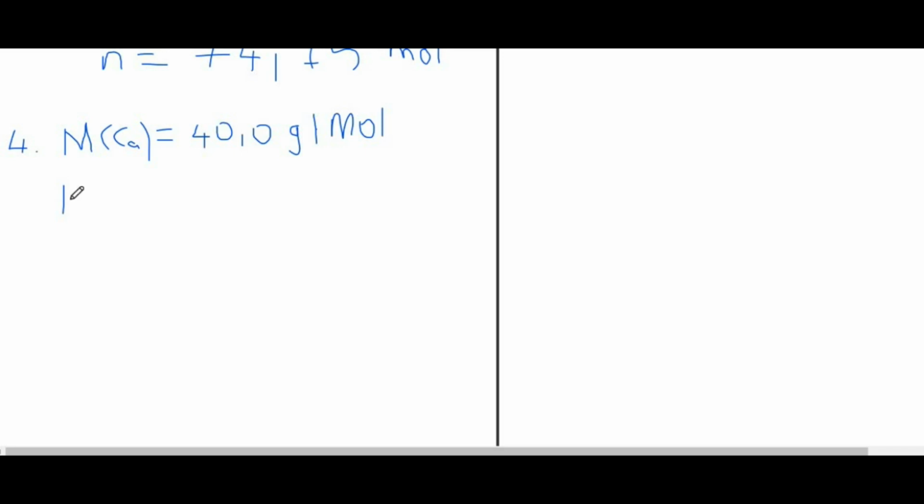Now look at the molar mass of sulfur, and you say, okay, it's 32.06 grams per mole.